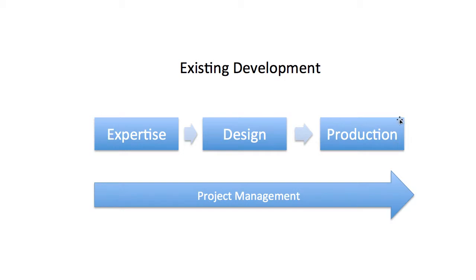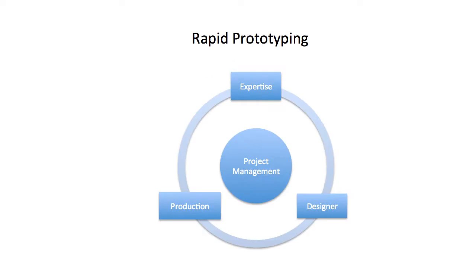And it was a very linear type of model, and there were quite a few problems with that, in that if something's not working at the production end, usually too much of the work has been done in expertise and design to change it.